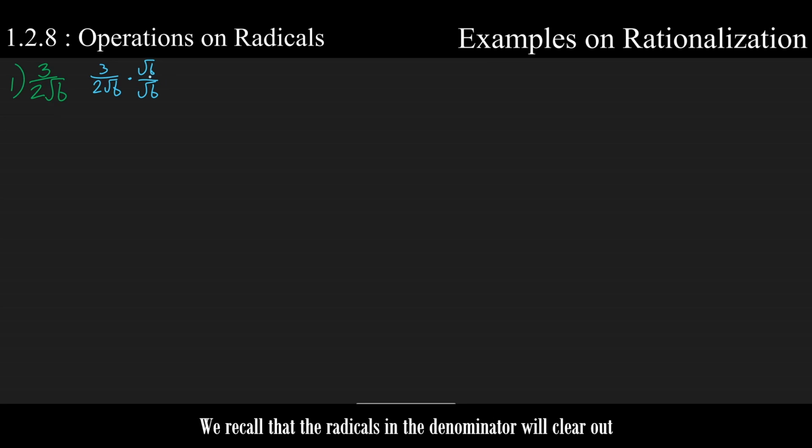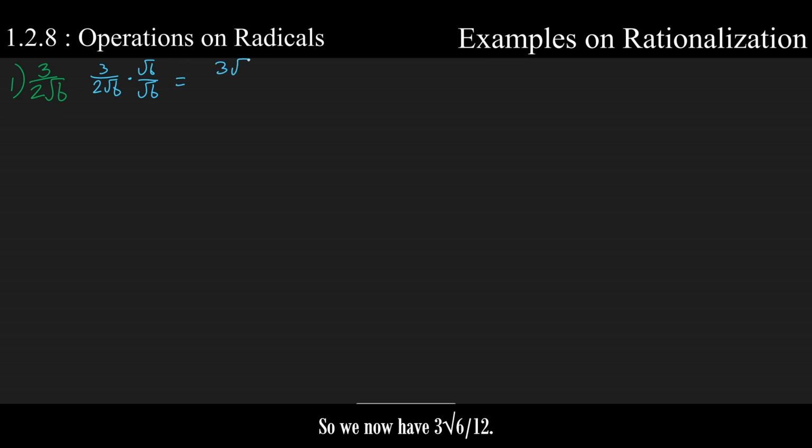We recall that the radicals in the denominator will clear out because 2 halves in the exponents yield 1. So we now have 3 square root of 6 divided by 12. The 3 divided by 12 simplifies to 1 over 4. So we have the square root of 6 divided by 4.